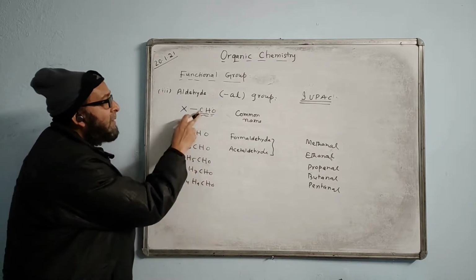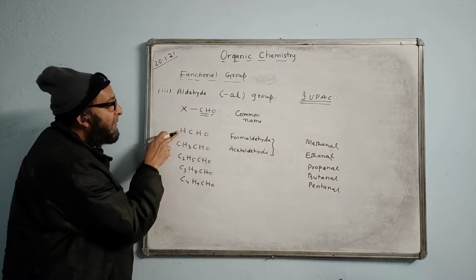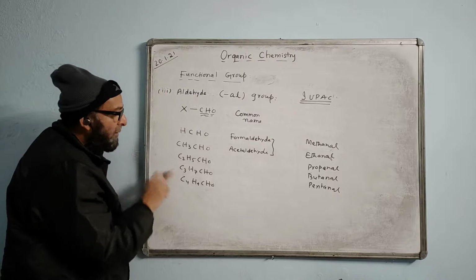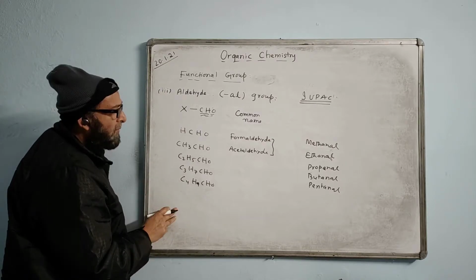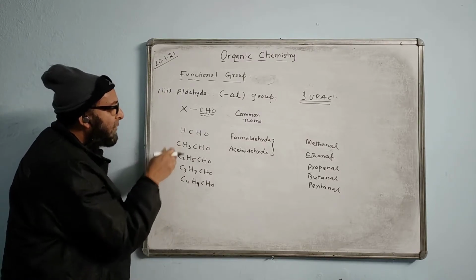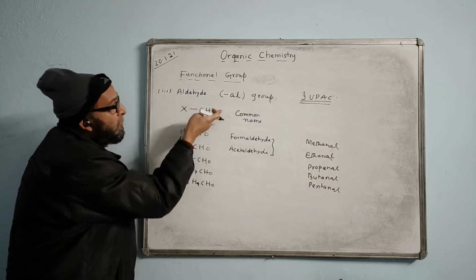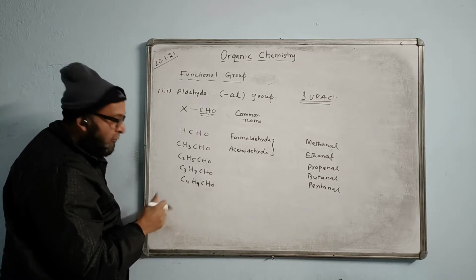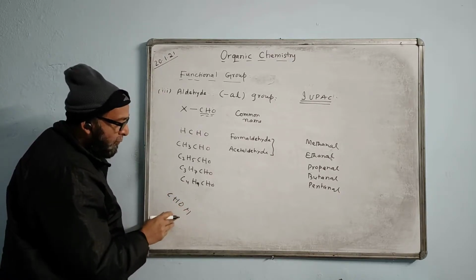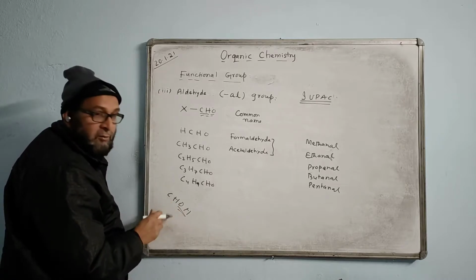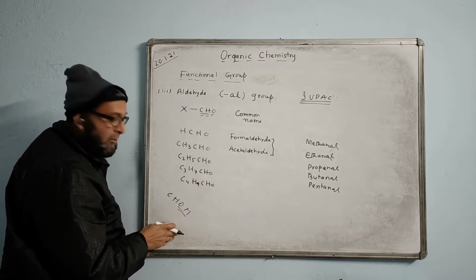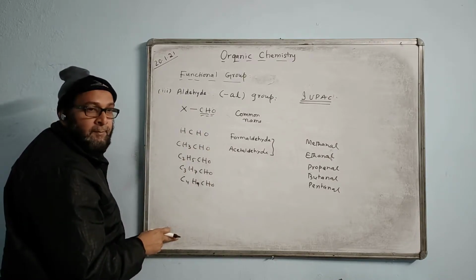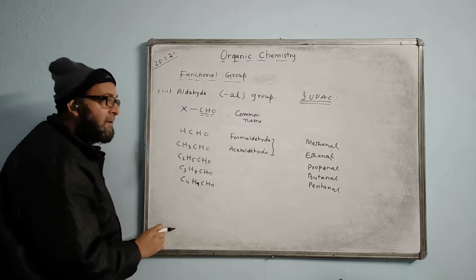And when carbon is already present, the first member will begin with H. After that, we do CH3, C2H5 and all that. Don't write CHO and then write H again. No, that becomes OH then. You have to see at the end what is coming: OH means alcohol group, and at the end CHO should come.